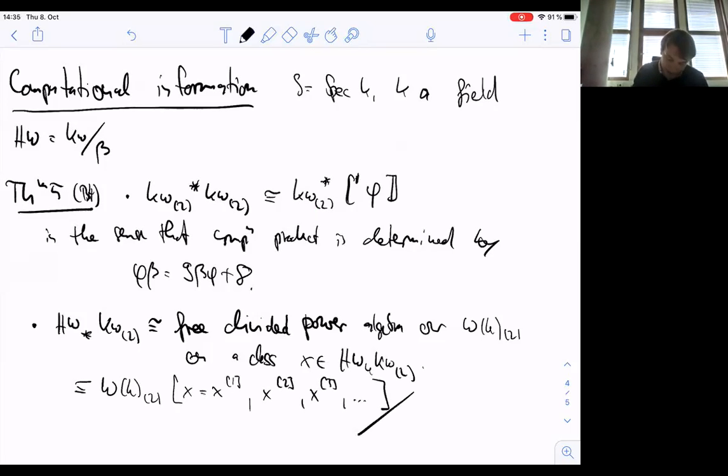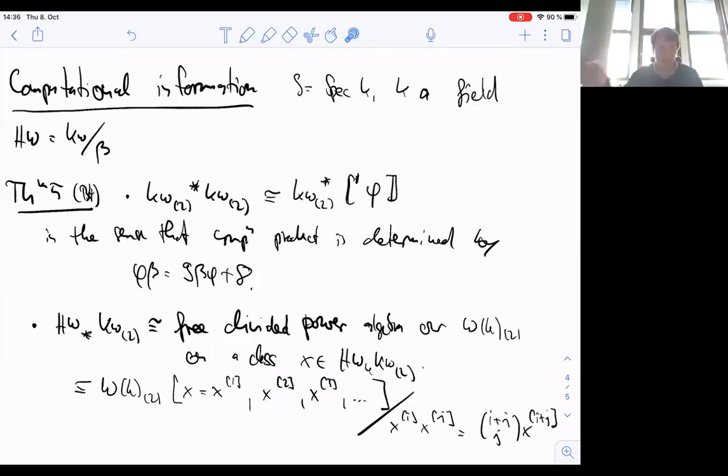And then there are going to be some relations, which are the following: x_i x_j equals (i+j choose j) x_{i+j}. Right, so if this Witt ring was rational, or if you rationalize the whole thing, then you find that these higher powers are just some multiple of powers, so x higher power n is the same thing as x to the n divided by some number.